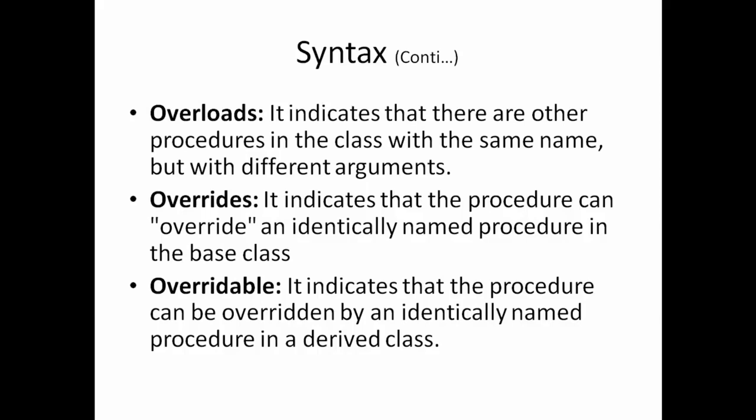The Overrides keyword is specified with the procedure in the derived class, and the Overridable keyword is specified with the procedure in the base class, which indicates that the procedure can be overridden by an identically named procedure in the derived class. So it is to be written in the base class.